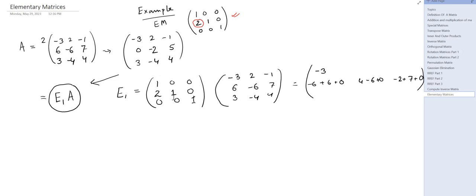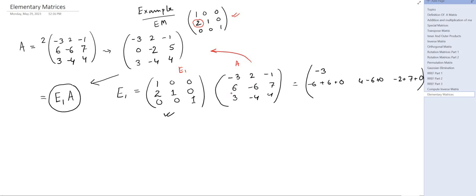Okay, so just to prove that this elementary matrix is the right choice, I did this calculation instead of wasting time. So now let me show you exactly. This is my first elementary matrix E1, and if you multiply this with this, you will get this step, and that's why I just wrote it here. I think it's very easy. When you are multiplying with the elementary matrix, you will get the same row for this one.